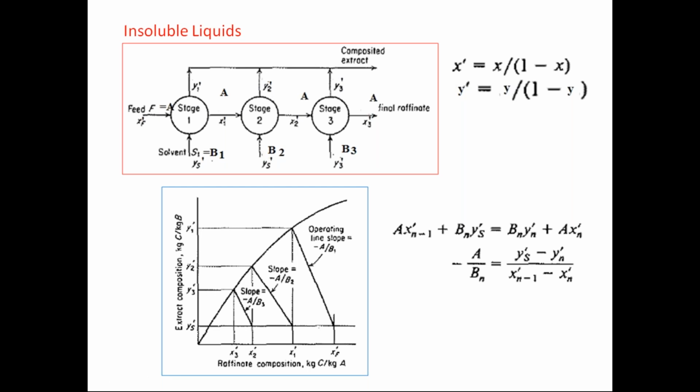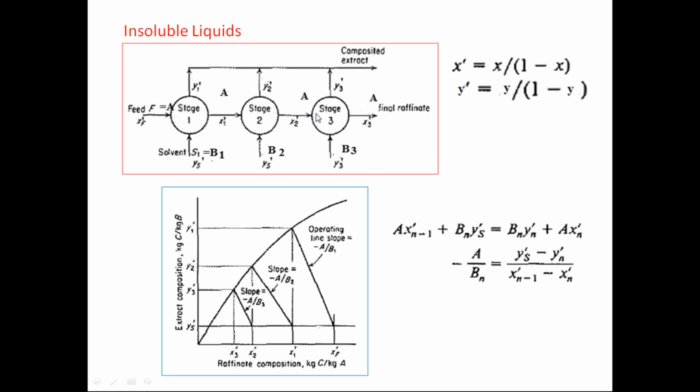So under such conditions, we'll take these coordinates x prime and y prime. What is x prime? x prime is equal to x by 1 minus x. So x is the concentration of the solute, that means the weight fraction of the solute in the feed or in the raffinate phases.